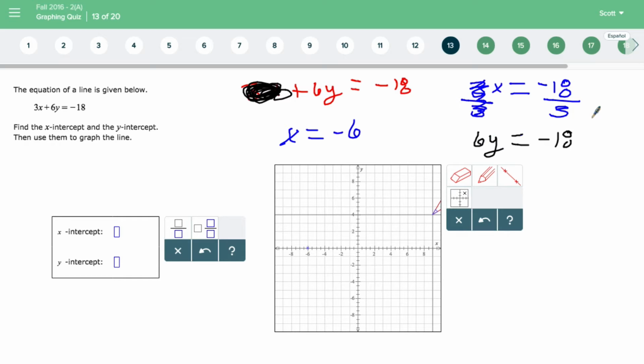And my other one, I'm solving for y. So I'm going to divide by 6, and I see that y equals negative 3. So y is going to go right down here to negative 3.